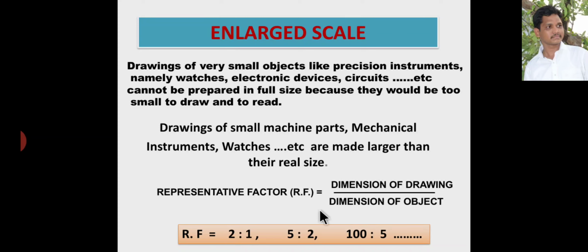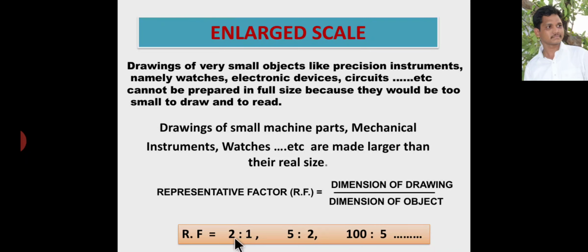Here the value of representative fraction is always greater than 1, because the size of original object is very small, but the size of drawing is very high compared to the original object.